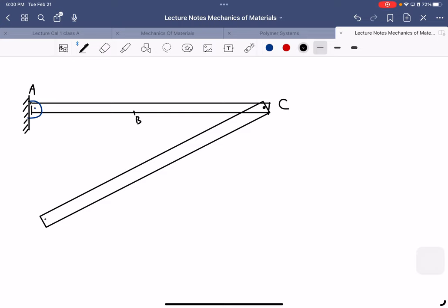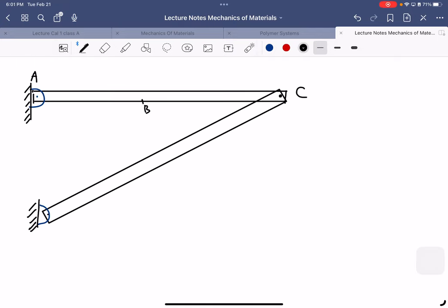And then there's another pin, also attached to a wall. I don't know what kind of structure, but it is given like this in the picture. And this is D. The unit that I want to show here is not SI, but more of a British unit.